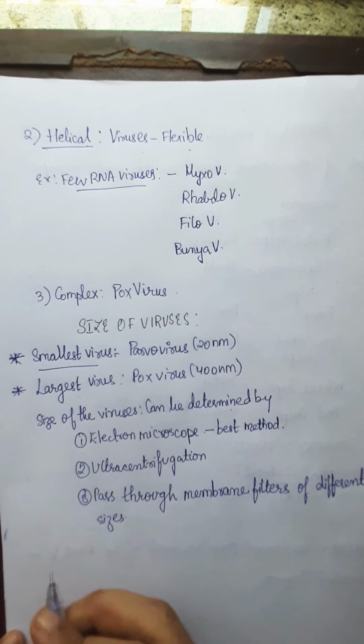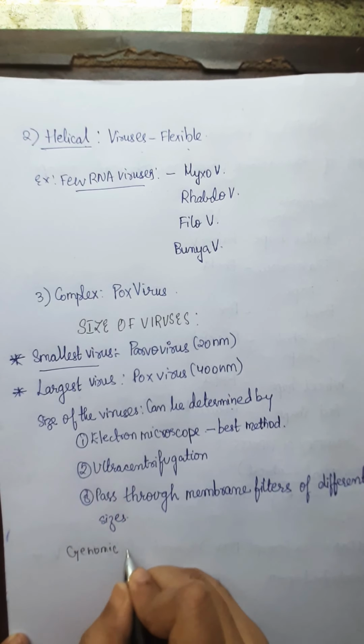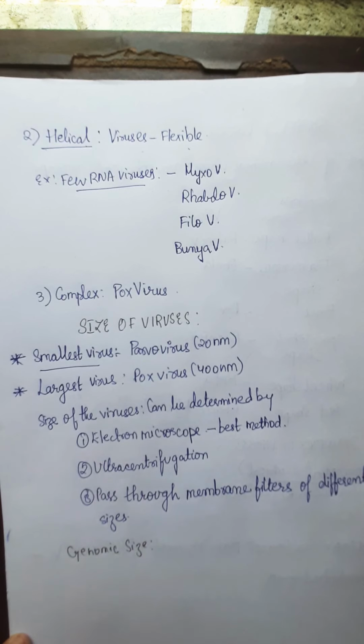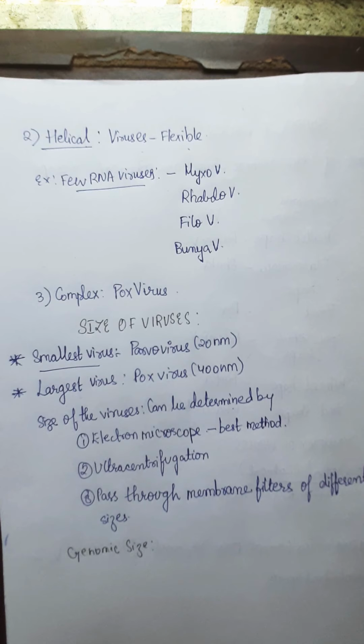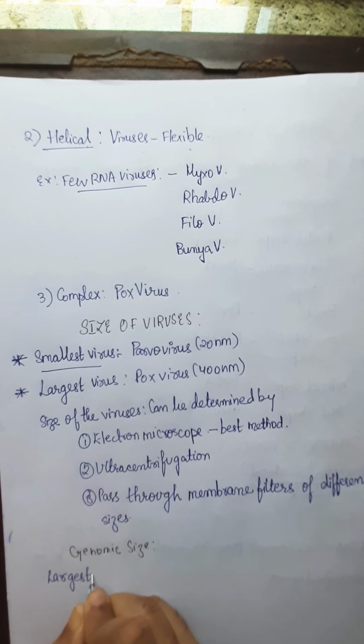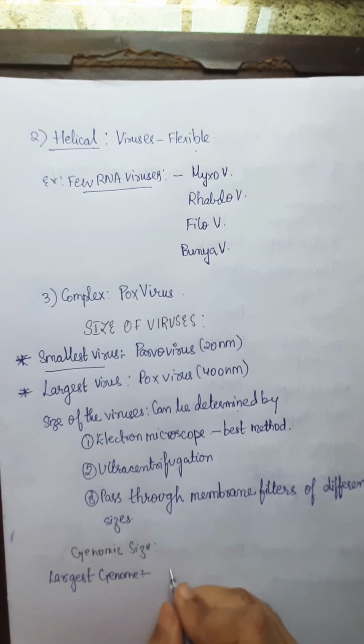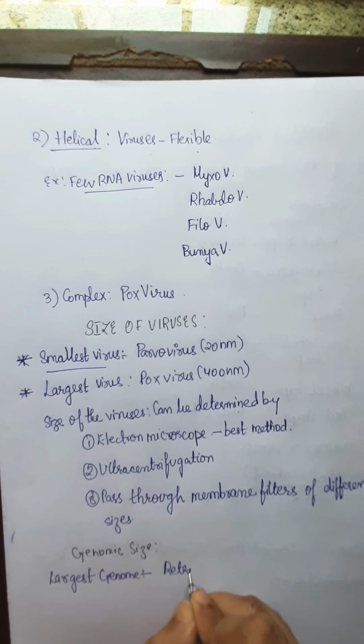Genomic size. Now going to discuss the genomic size of the virus. Retrovirus has the largest genome, whereas the smallest genome is found in the hepatitis D virus, hepatitis B virus and parvovirus. See, which has the largest genome? The virus which has the largest genome is retrovirus.